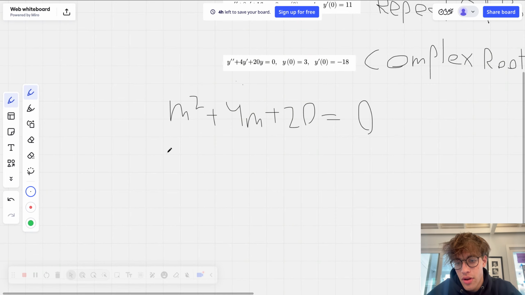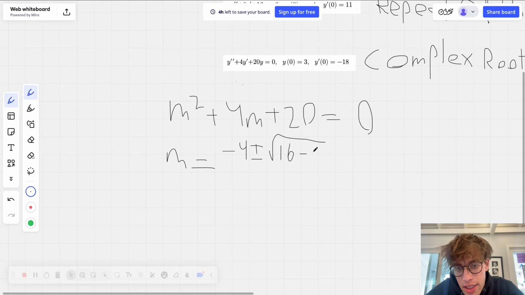Find m, so m equals -4 plus or minus the square root of b squared minus 4ac, which is 16 minus 80, over 2a. Sorry, a is 1, so just 2.